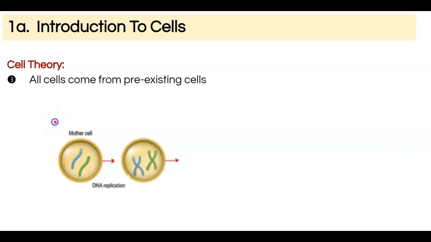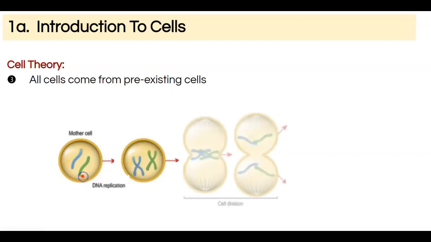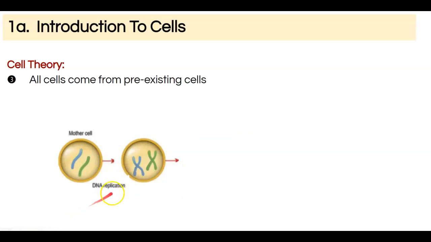So we can see here in the cell, we have these blue and green strands. Those represent the DNA, the genetic material inside of that cell. If that cell is going to divide and become 2 new cells, then we know it's going to have twice as much DNA as it had previously, right? Let me just go back for a second. Here we can see that DNA has replicated.